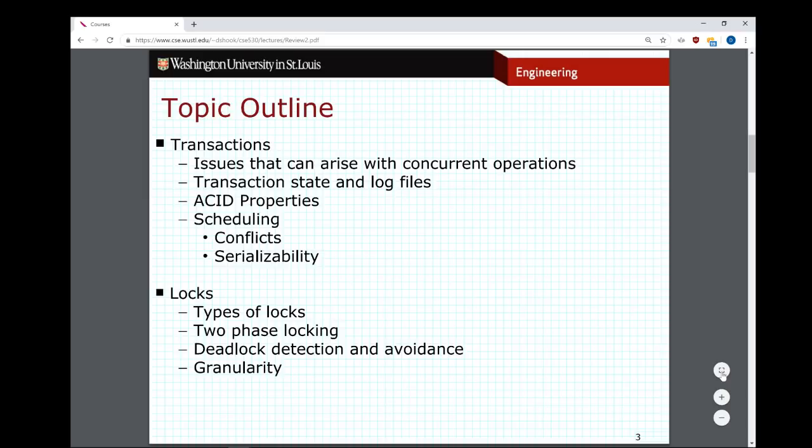I am happy to wait. Independence, not quite, but I think that's close enough to a synonym of what the I typically stands for. It's actually isolation. So what are we talking about when we say that transactions are isolated?